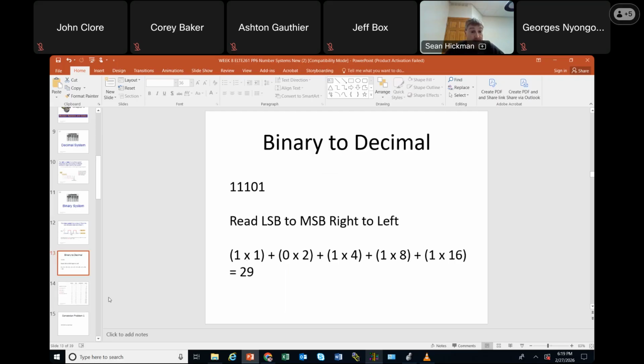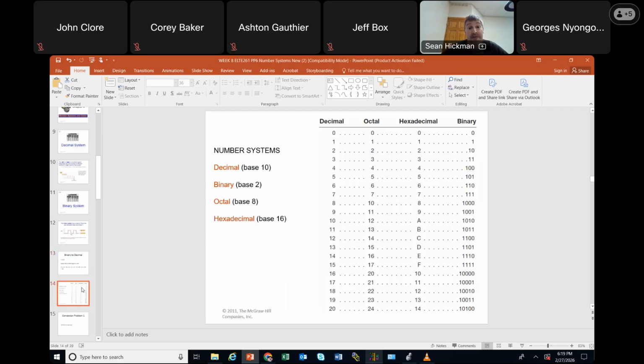Okay. When you look at these tables, these were all in the textbook about your decimal, your octal, your binary, and notice that binary only counts with 2 numbers because there's only 2, 0 and 1. 0 and 1, and then what do you have to do? You have to start over with a 0 and put a 1 on it.